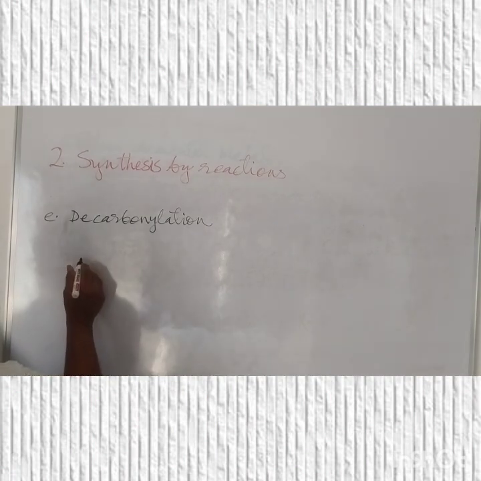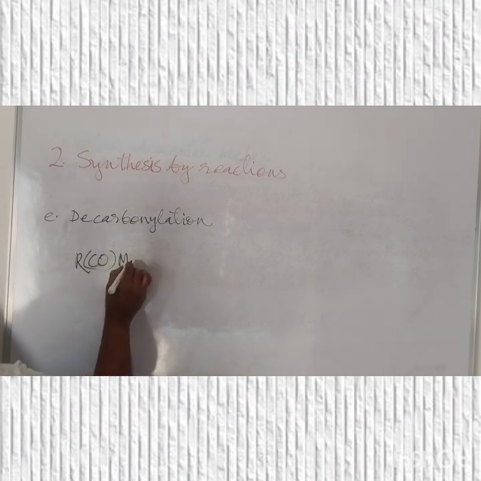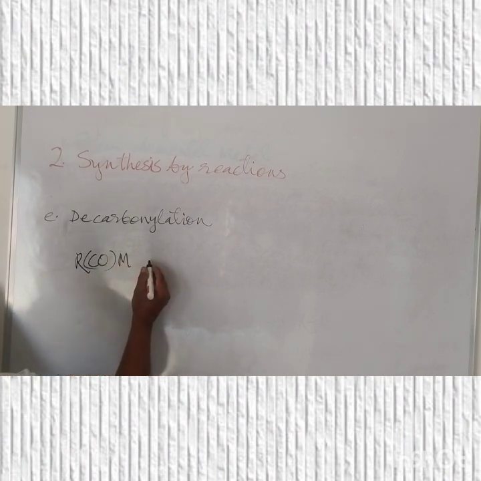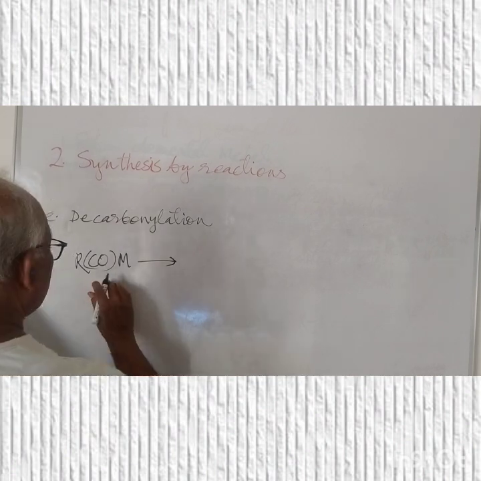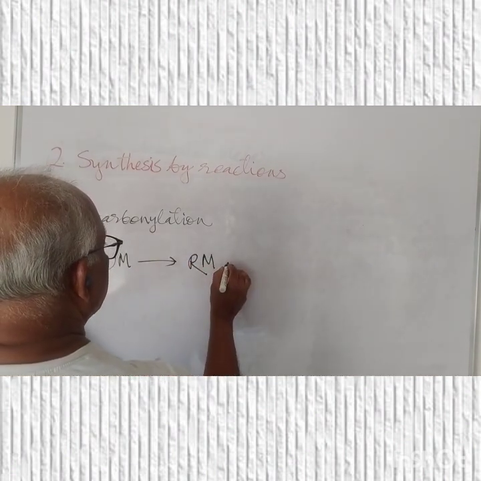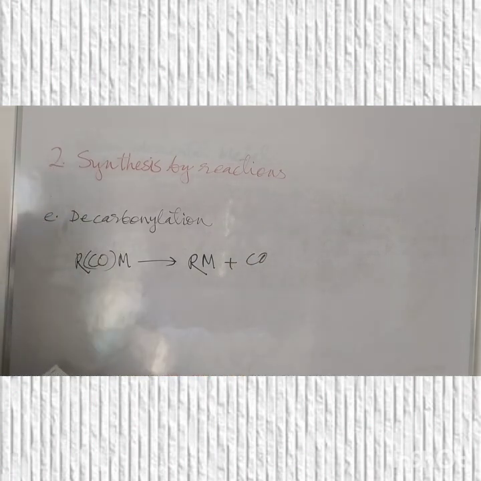For example, this is represented as RCO. This CO is a ligand and this is attached to metal. This metal is attached to this carbon monoxide and this R. So after decarbonylation, the carbon monoxide is lost and we get this M plus carbon monoxide, that is released.